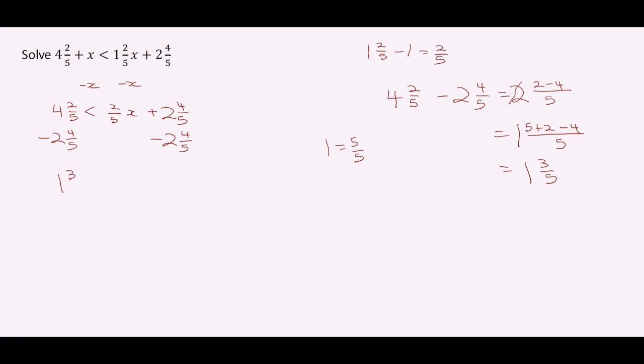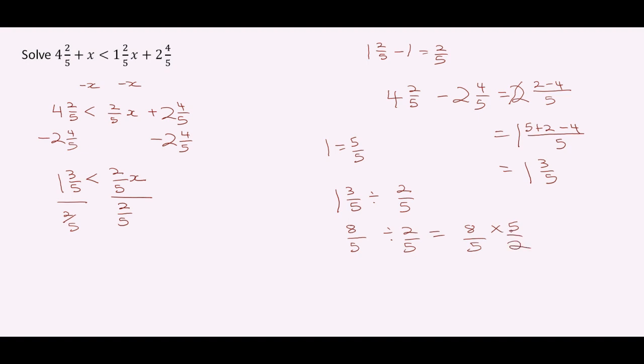So 1, 3 over 5 is less than 2 over 5x. Now we divide both sides by 2 over 5. 1, 3 over 5 divided by 2 over 5 is 8 over 5 divided by 2 over 5, which is the same as 8 over 5 multiplied by 5 over 2.